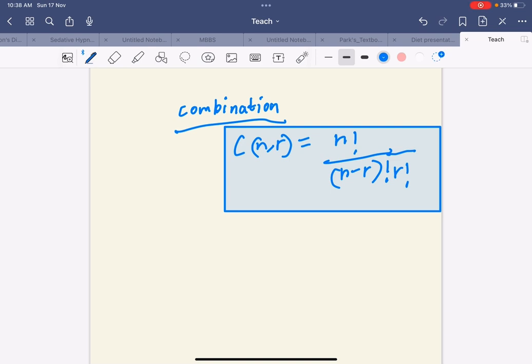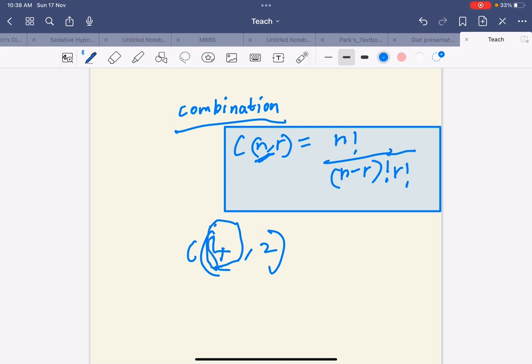For example, when 2 items are taken from 4, let's say 2 colors taken from 4 colors. You have 4 colors, you are taking 2 colors from it, then you write it like this. n means the total number of things you have, which is the total number of colors here.